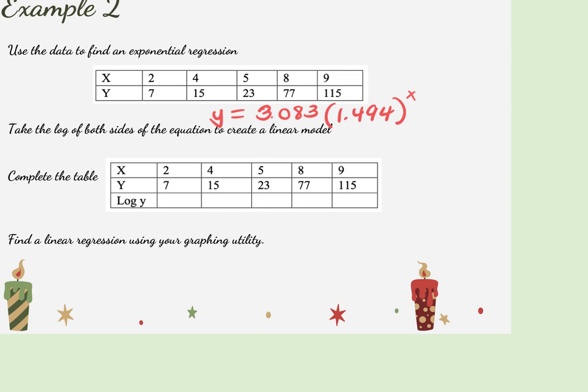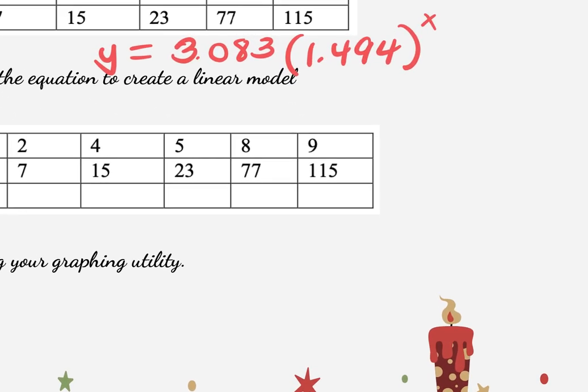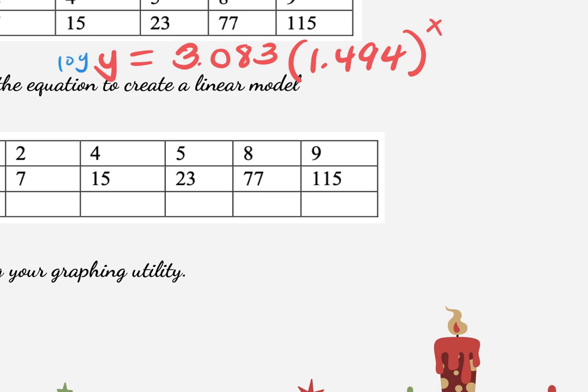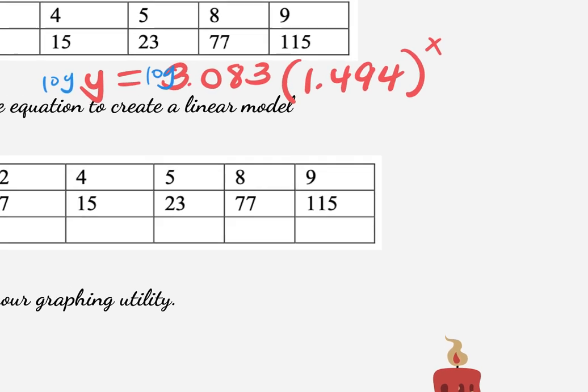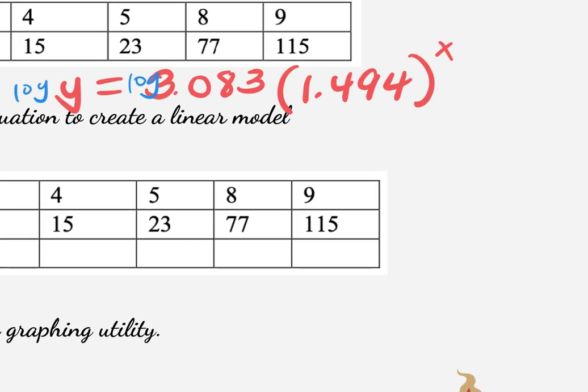Okay. All right. Then it said take the log of both sides of the equation to create a linear function. So there's two ways to get the linear function. The first is algebraically. So we're going to literally take our equation and we're going to log both sides of the equation. You don't really need to log the left as long as you understand what you're doing on the right-hand side.